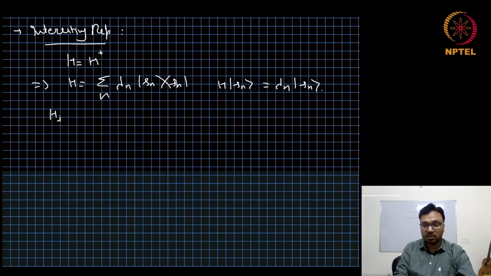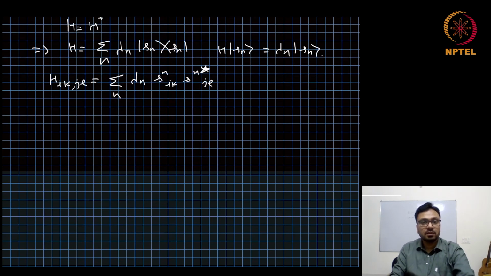It means H ik jl element will be lambda n S n ik S n star jl. And this is equal to M ik jl.